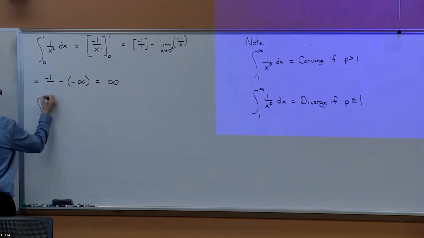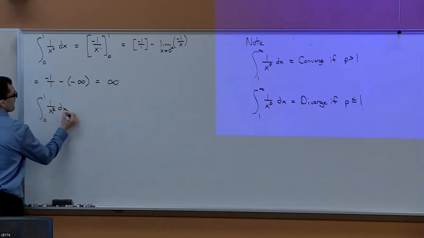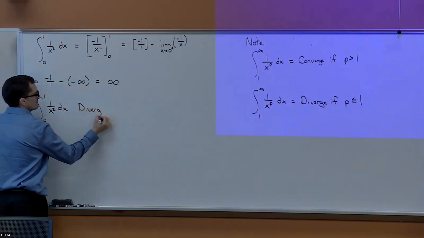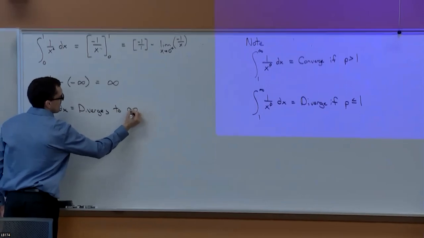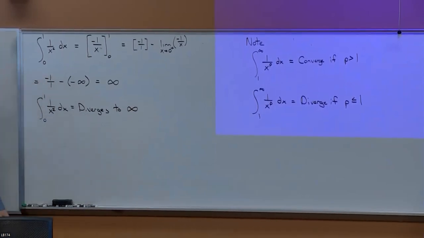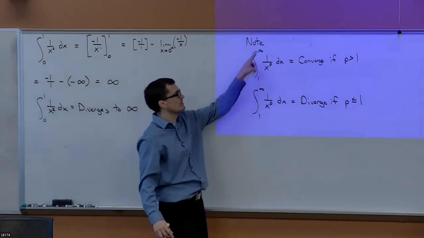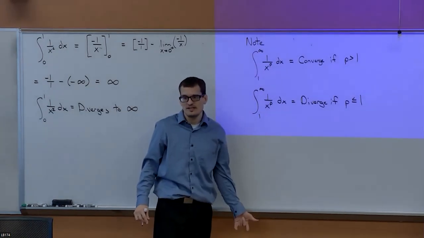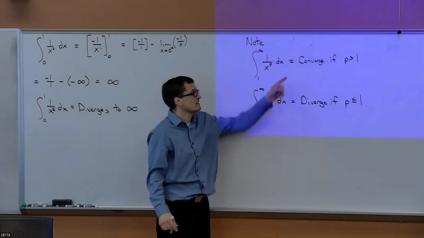So integrating from 0 to 1, 1 over x squared, that diverges. Some people, again, would say diverges to infinity. Notice that's the opposite of 1 to infinity, isn't it? When we did 1 to infinity, the 1 over x squared converged.